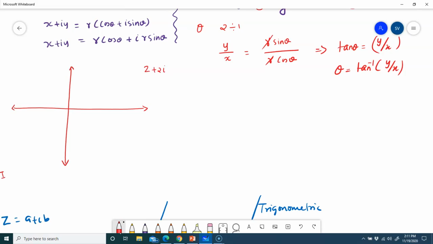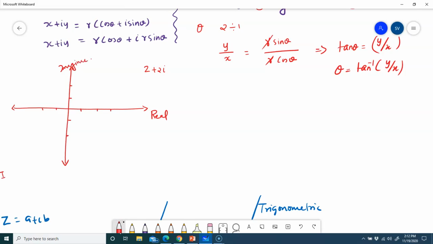So this is 1, this is 2, this is 3, and so on. Because this is a complex plane, we will name this axis the real part, and this the imaginary part.